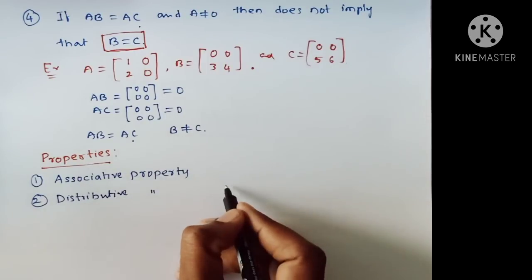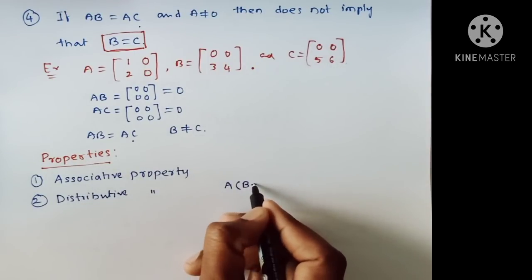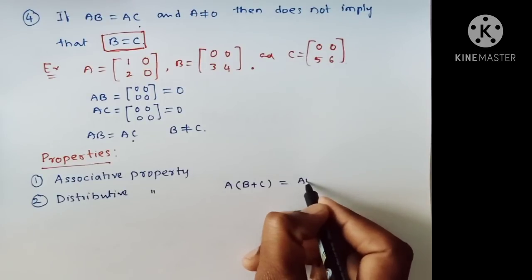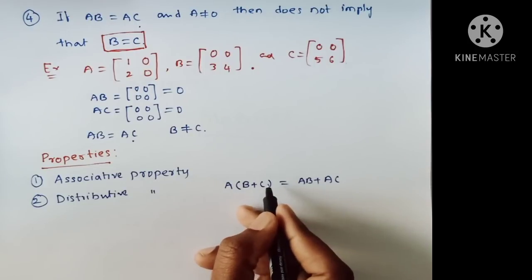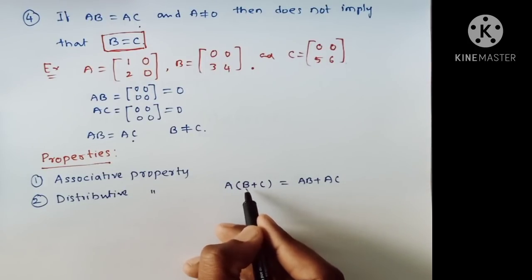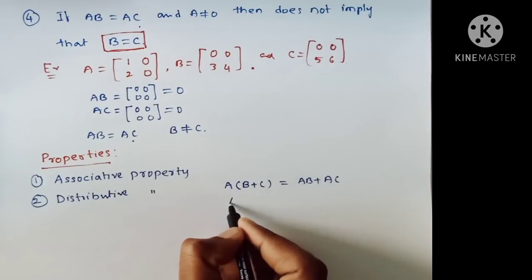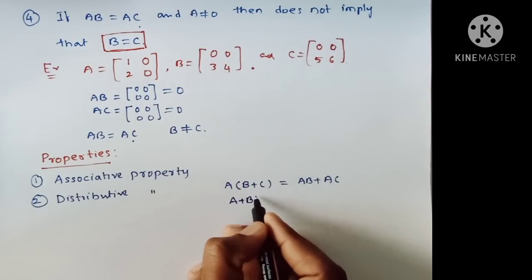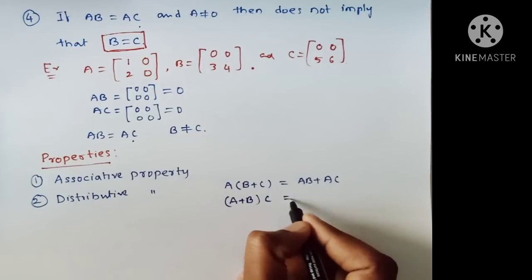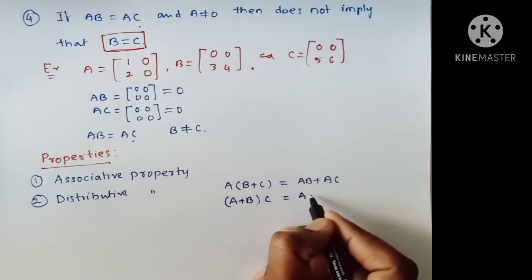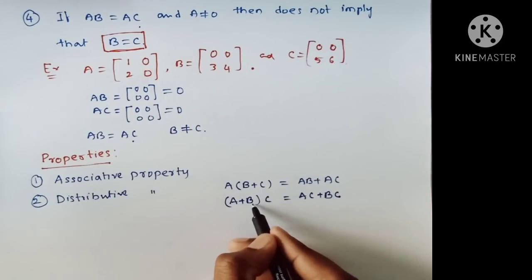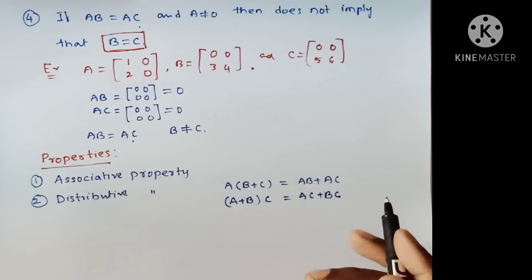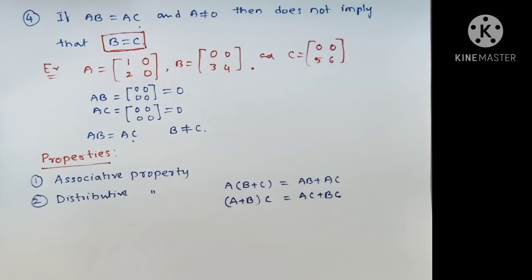There are two types of distributive laws, left and right. A times (B plus C) is equal to AB plus AC, and this is the left distributive law, since we are distributing this A to B and C from the left side. And one more: (A plus B) times C is equal to AC plus BC. Now we are distributing this C to A and B from the right side, therefore it is called the right distributive law.